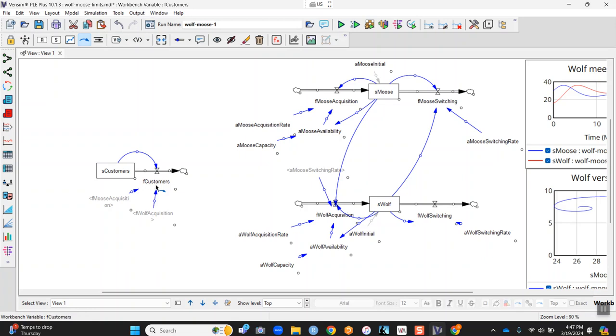I'm going to be running into a problem. I hope you can see it. I still have customers here. This linkage might not be necessary, but I think I want it. But let's just see if we need it. This will be a rate.